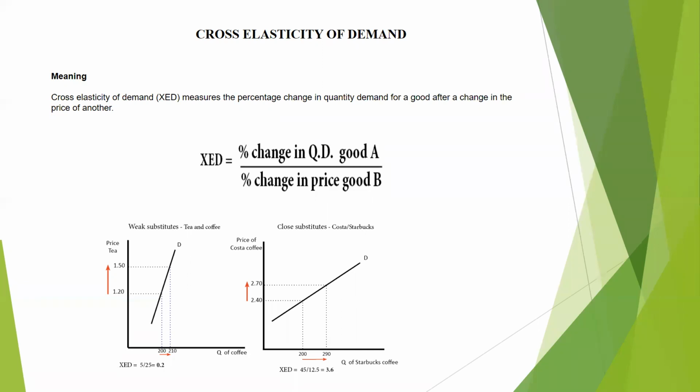Okay, sir. For example, if you take Horlicks and Boost, and the Horlicks price goes up, let's take a 100% change: Horlicks half kg, 300, now it becomes 600 rupees.